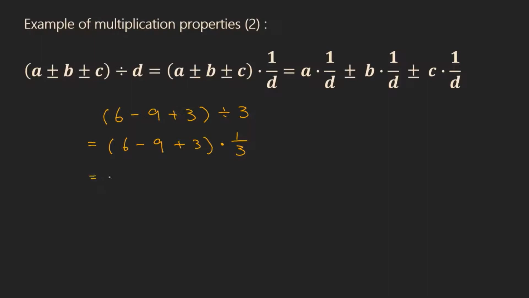So this becomes 6 times 1 over 3 minus 9 times 1 over 3 plus 3 times 1 over 3. 6 times 1 over 3 is 2, minus 9 times 1 over 3 is 3, plus 3 times 1 over 3 is 1. So this becomes 2 minus 3 plus 1, and the final answer is 0.